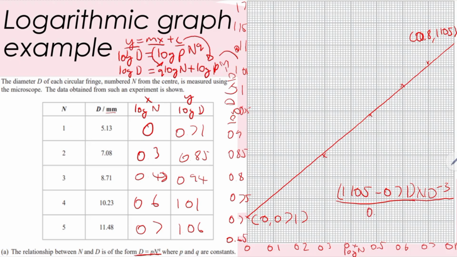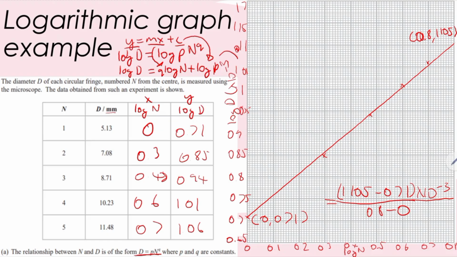And now we need to do 0.8 minus 0, and when we do that we will get 1.105 minus 0.71 times 10 to the power of minus 3, all of that over 0.8.